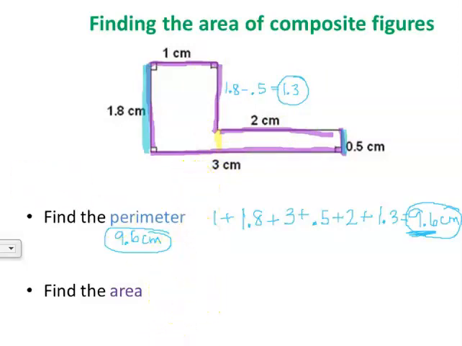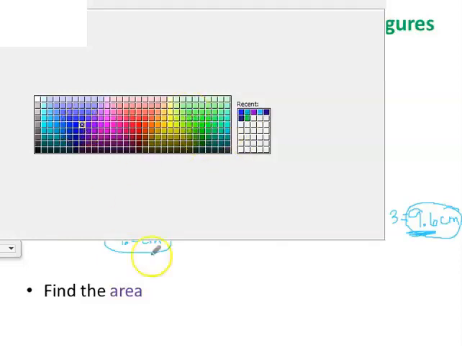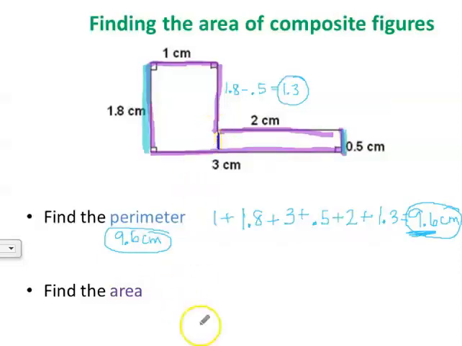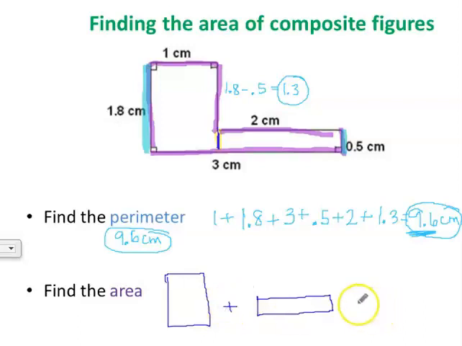When I'm looking at this, I see that I divided this up by putting a line in here. And so we've really got a bigger rectangle and then this longer rectangle. What we're going to do is find the area of each of these and then add those areas together.